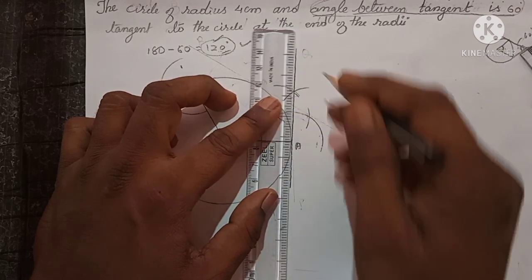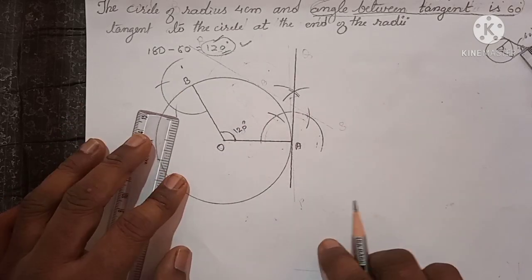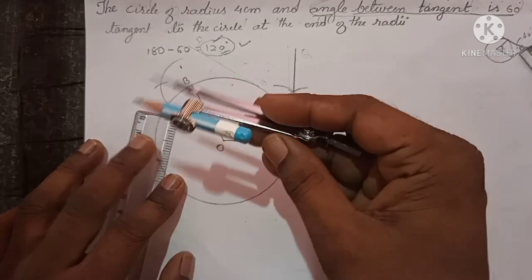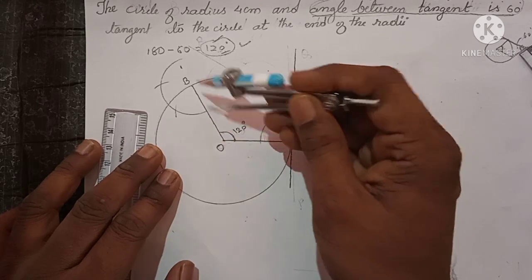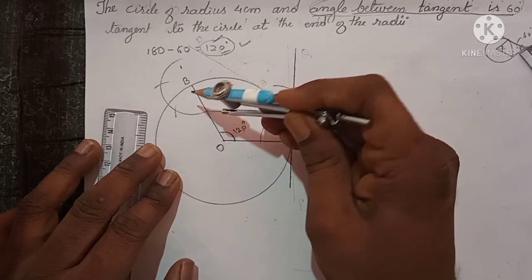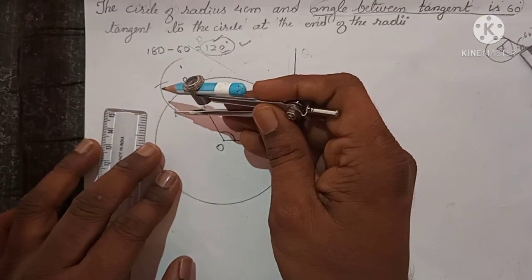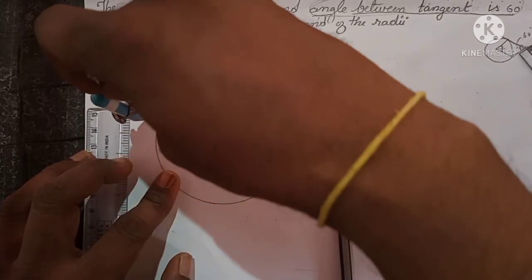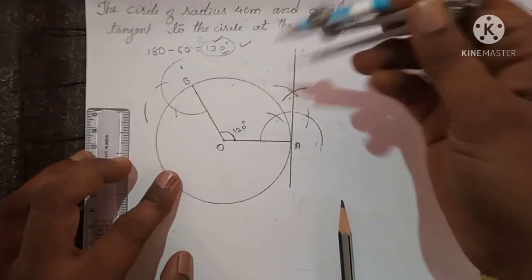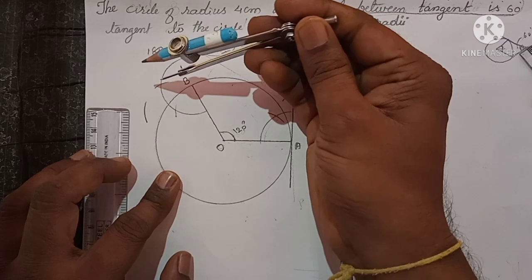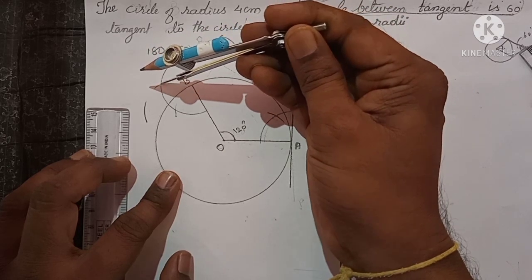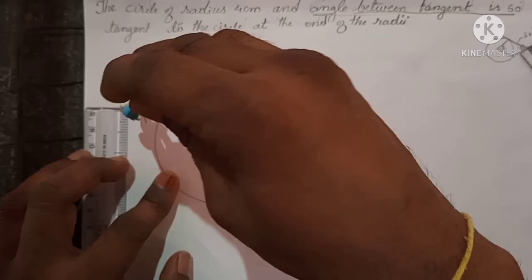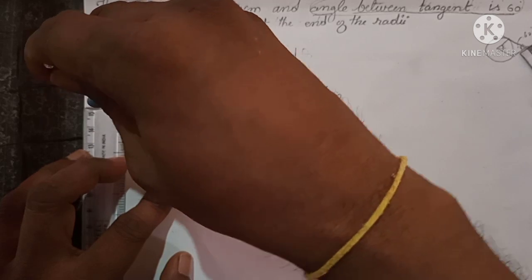And the same here in the circle at radius OB: take the two arcs. In the first arc draw one arc like this, and on the second arc of this semicircle, put the compass and cut the previous arc.